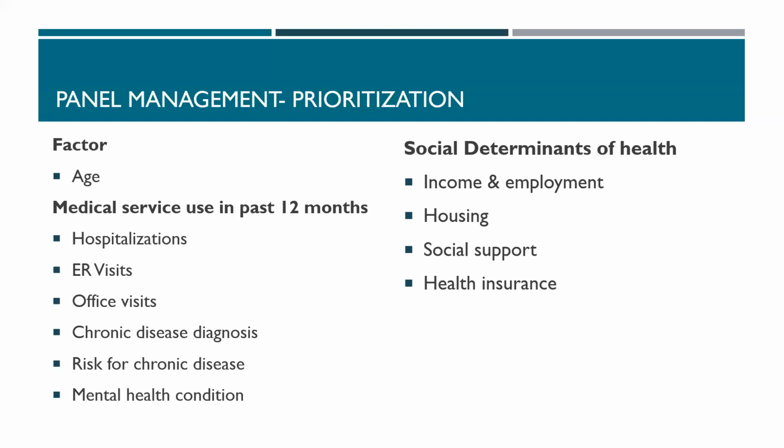So if they have higher levels of social determinants of health issues, then they're at higher risk for a variety of health concerns. You might also prioritize based on short-term needs, longer-term needs, but having a way to manage a large group of people will help you to feel more in control.